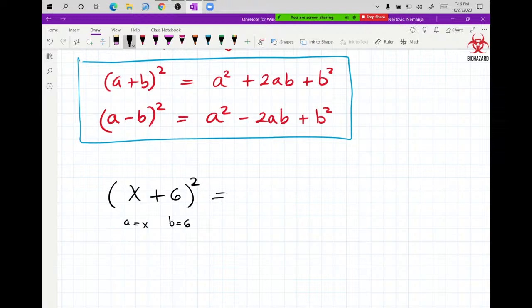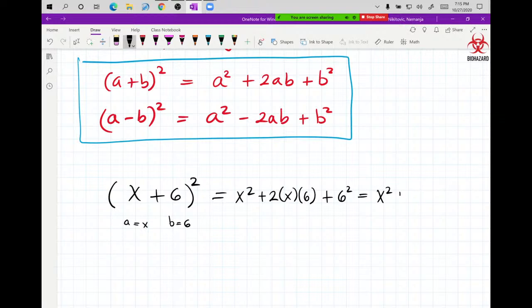So now the solution is a squared. Well, that's going to be x squared, plus 2 times a is x, times b is 6, plus b squared, which is 6 squared. And now we just simplify.